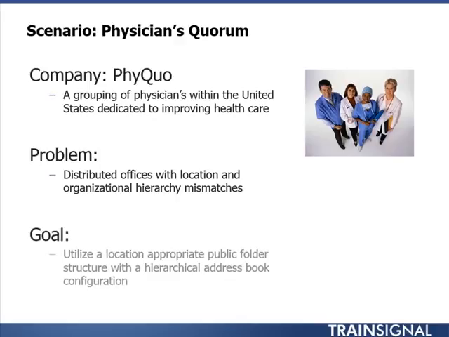Our goal is to utilize a location-appropriate public folder structure with a hierarchical address book configuration. Now, what that means is we need to establish public folders and put them in locations that make sense. At the same time, we want to ensure an address book configuration that focuses more on the organizational structure and less on things like location.